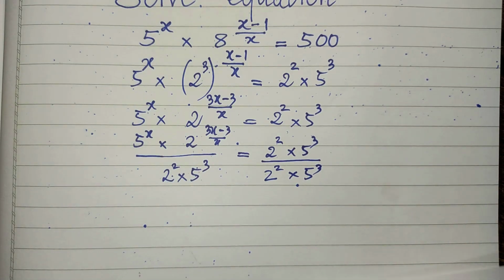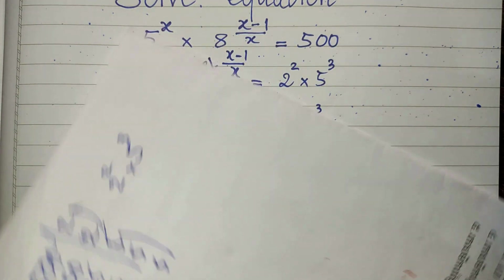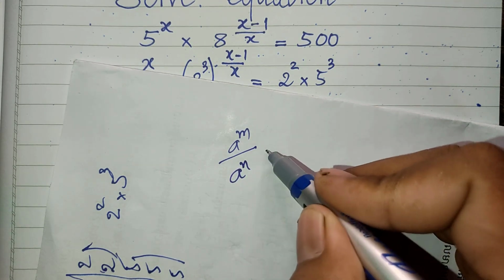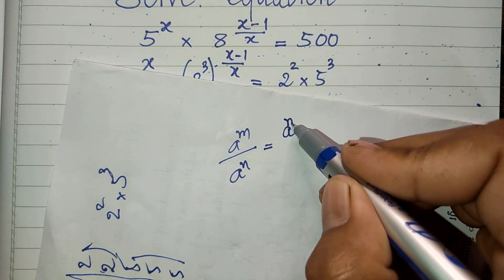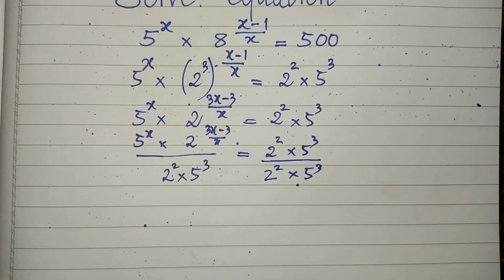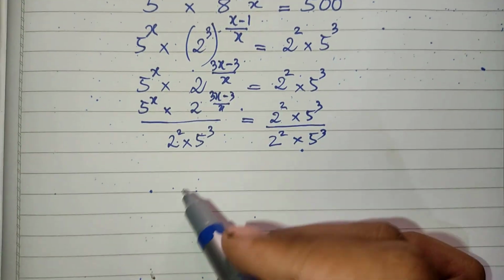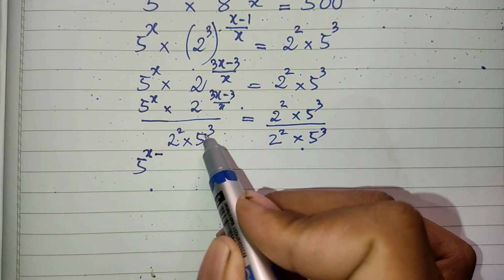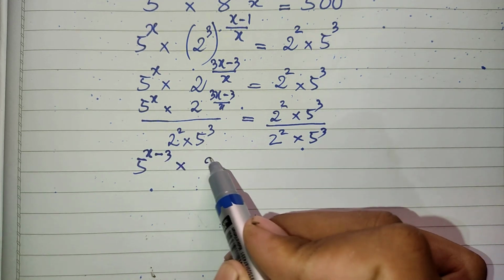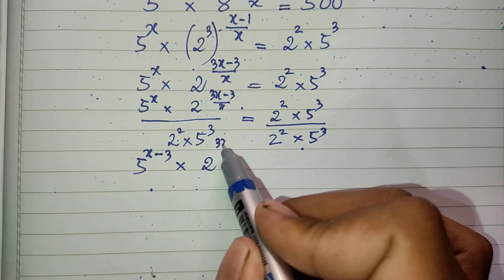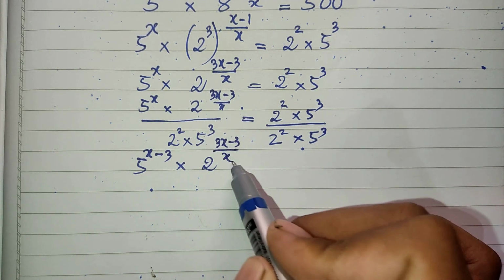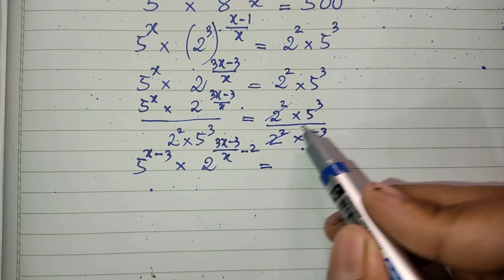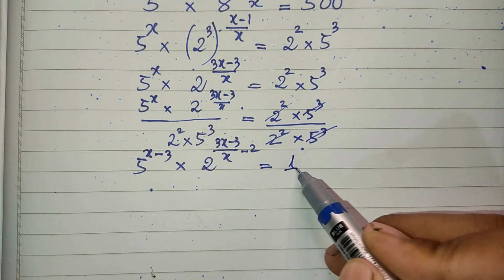We use the formula that a power m divided by a power n is equal to a power (m minus n). So I can write 5 power (h minus 3) multiplied by 2 power ((3h minus 3) divided by h minus 2), and the right side simplifies to 1.